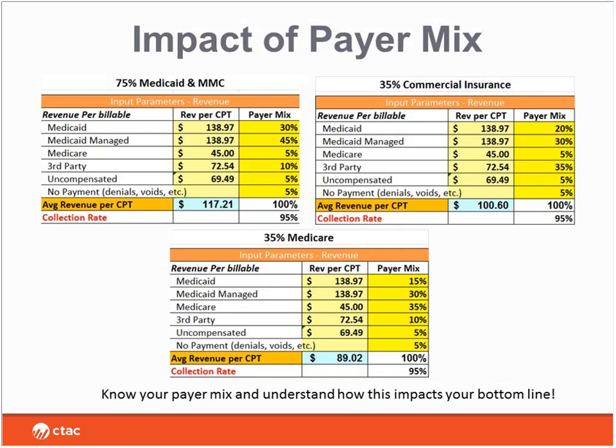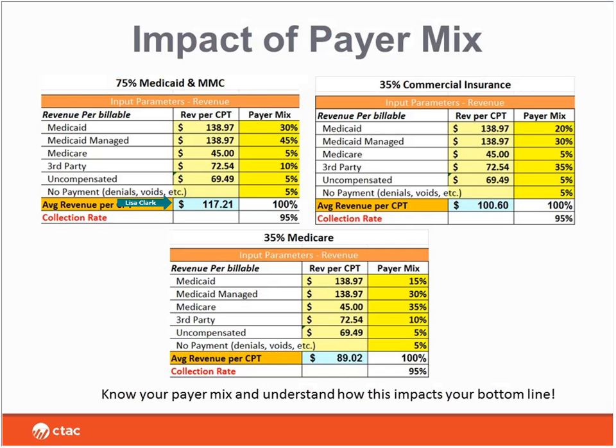Payer mix. You can see here if you have a 75%, we all know Medicaid is the highest payer. The higher your Medicaid mix, the better off you're going to be. So here, the average revenue with a three-quarters Medicaid payer mix, and these are just average rates, gets you 117 for average CPT.